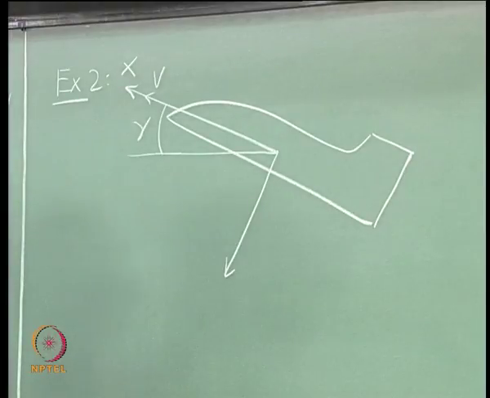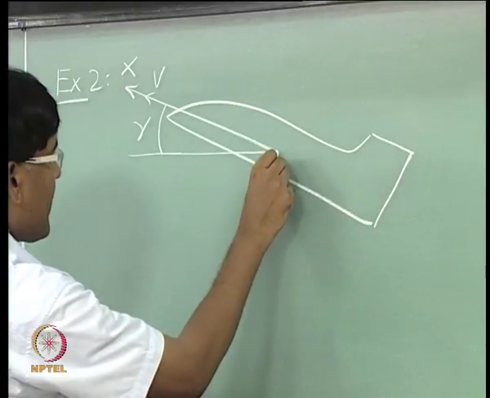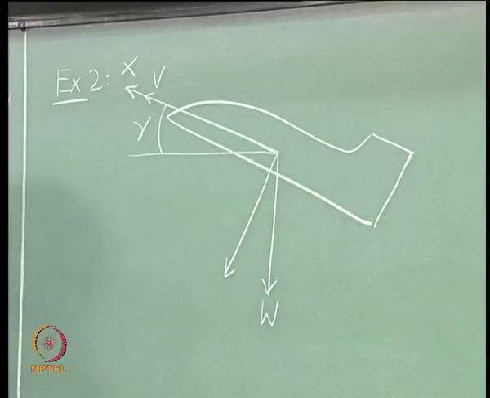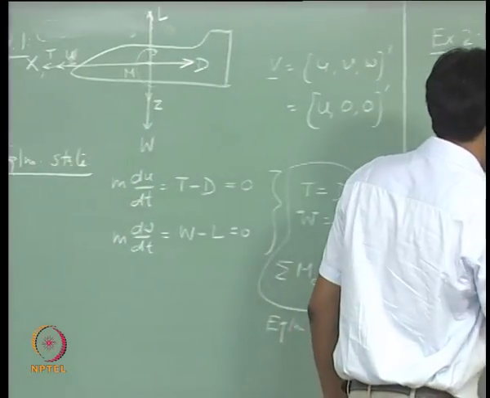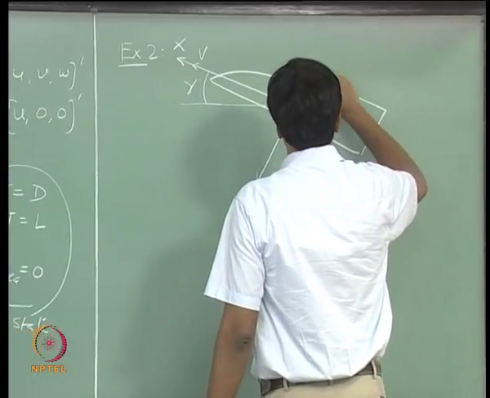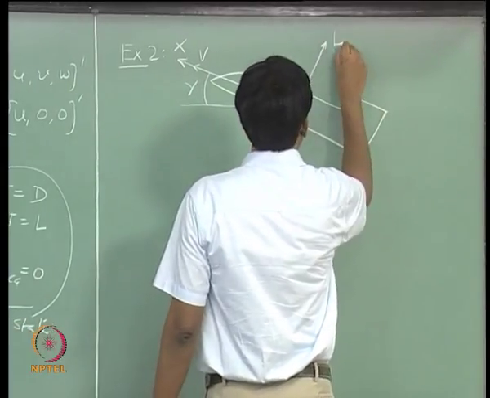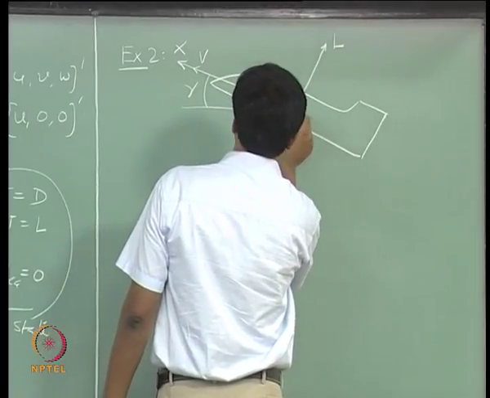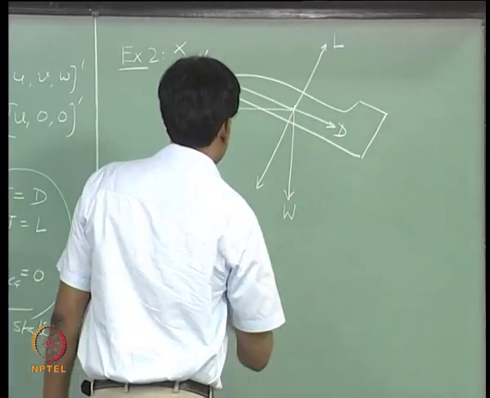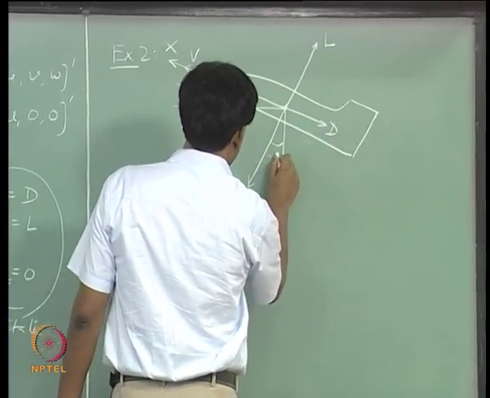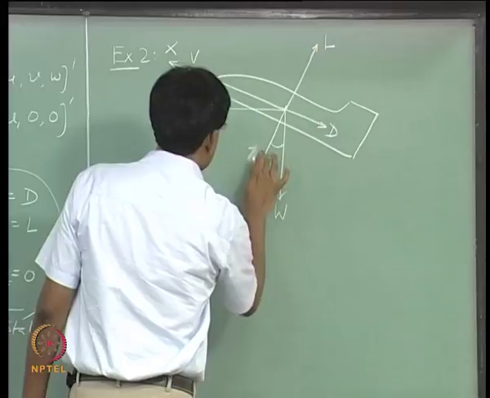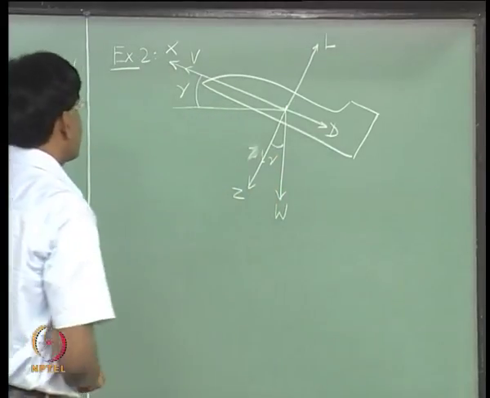Gamma is the flight path angle, W is the weight of the aircraft, L is the lift, and drag is acting against the forward motion. So, this is the Z axis.